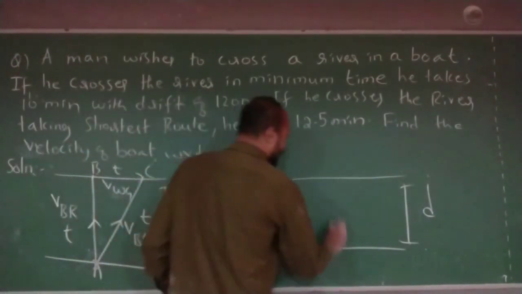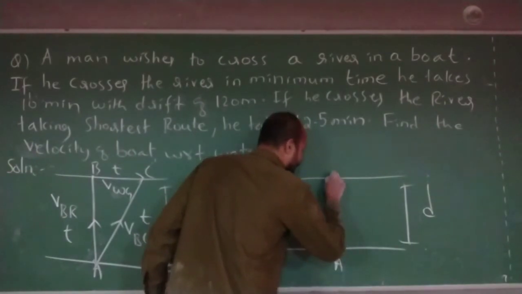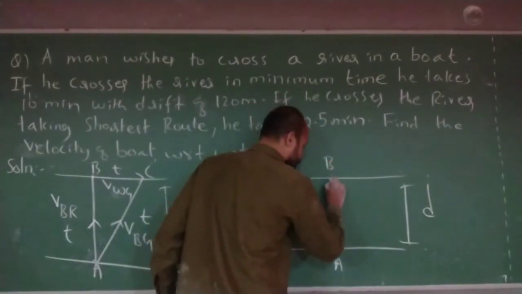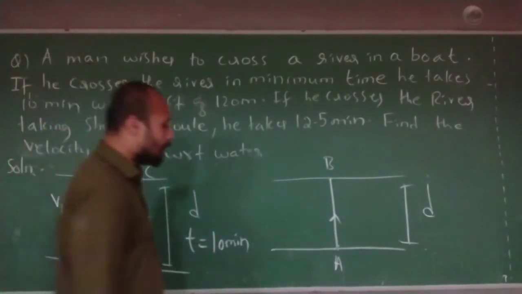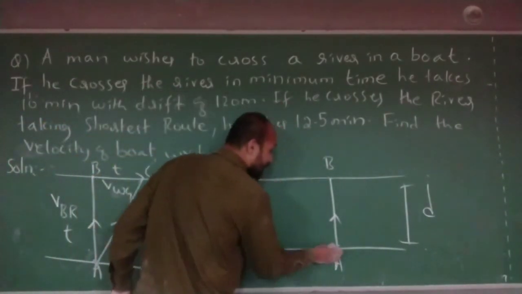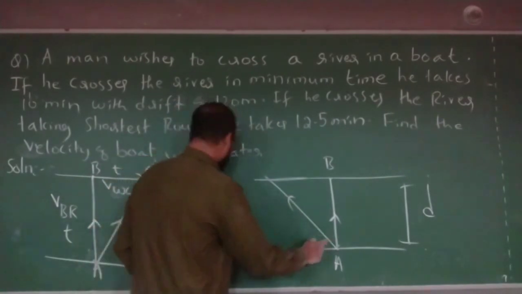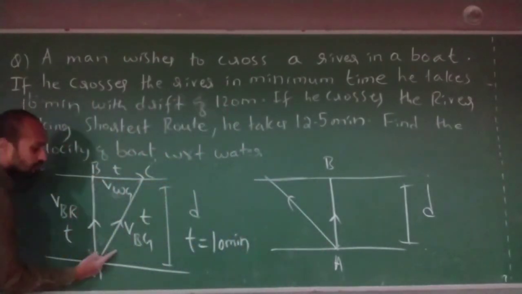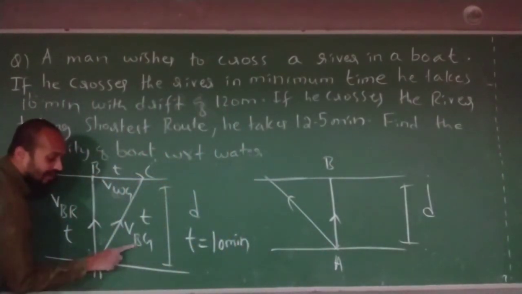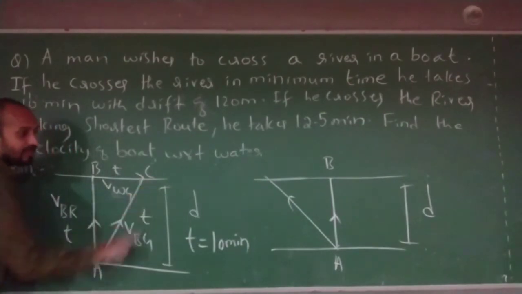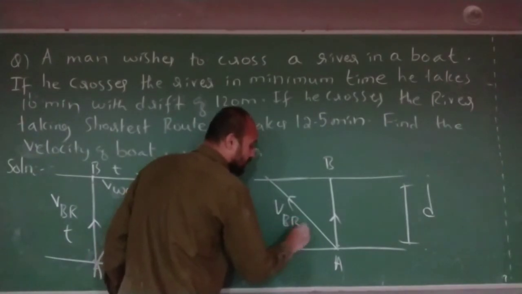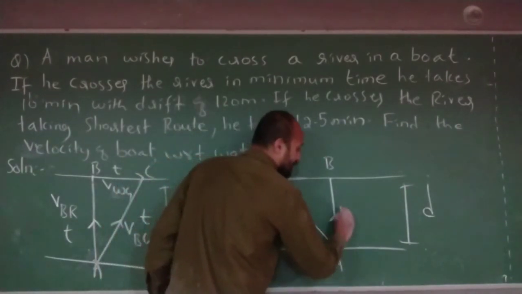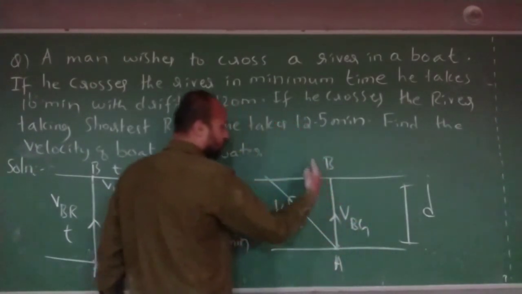So to have that, he will take a path from point A to B. His path has to become like this. To have this path, he will start to move like this. Here he will move like this with respect to river, but the observer is standing on the ground, and for him the boat will look like it is moving like this.